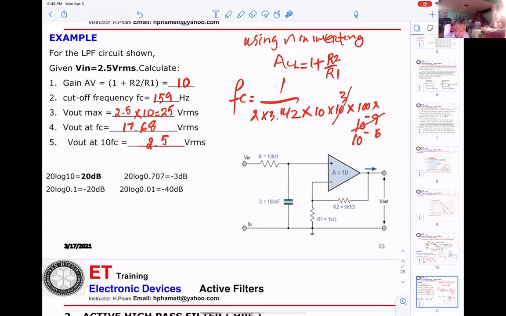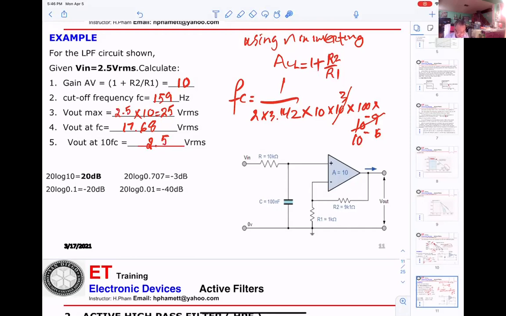Now they want to know the maximum output. The input is 2.5 volt and the gain equals 10, so the output will be 25 volt RMS.